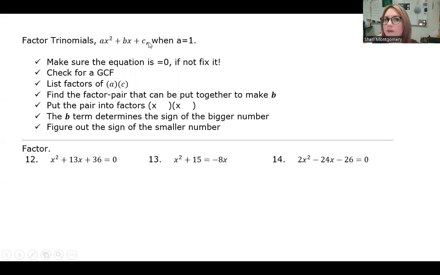These are all factoring when A is equal to 1. It's different when A is not equal to 1. So today, all we're doing is when that leading term's coefficient is 1. I call it fast factoring because once you learn it, it's fast and easy.